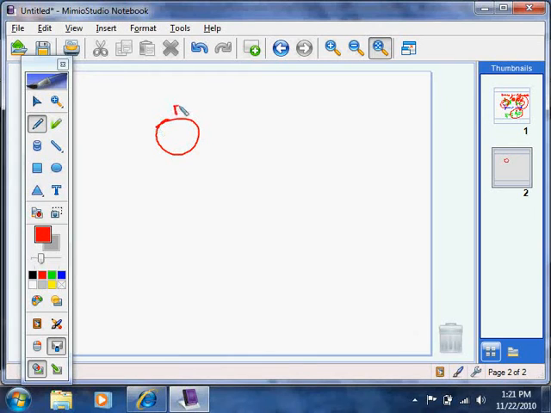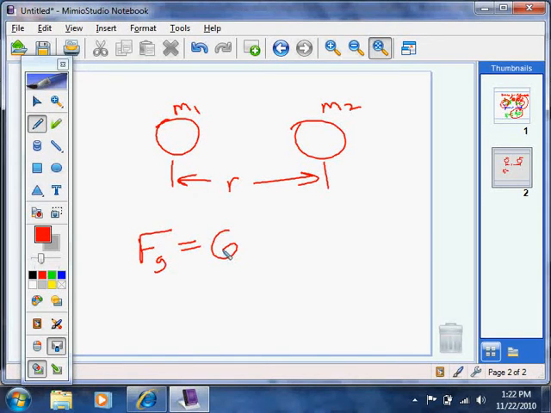What if you had a mass M1 and you had another mass M2? The distance between them was kept constant, some value r. We know how to calculate that force of attraction. G, M1, M2, all over r squared. Let's say there was a certain force of attraction pulling these two masses together.